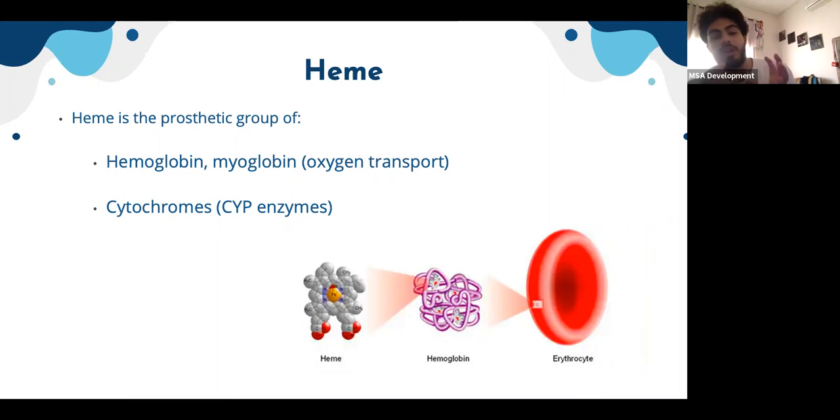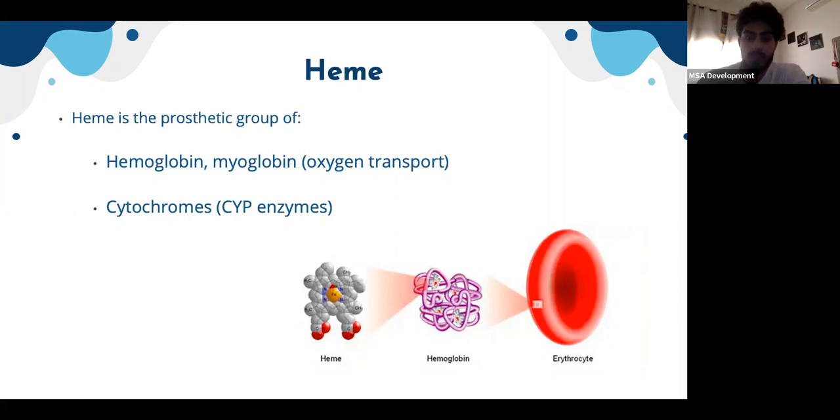It's a structure of carbons and hydrogens around, with a Fe, or an iron, in the middle, and that is the structure of heme. It's present mostly in hemoglobin and myoglobin, myoglobin being in the muscle cells, and also in cytochromes, but mainly hemoglobin and myoglobin.